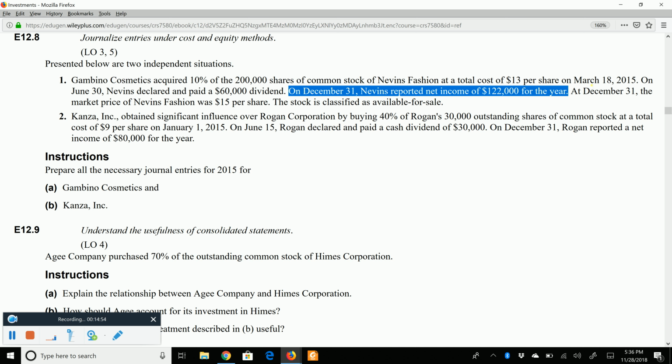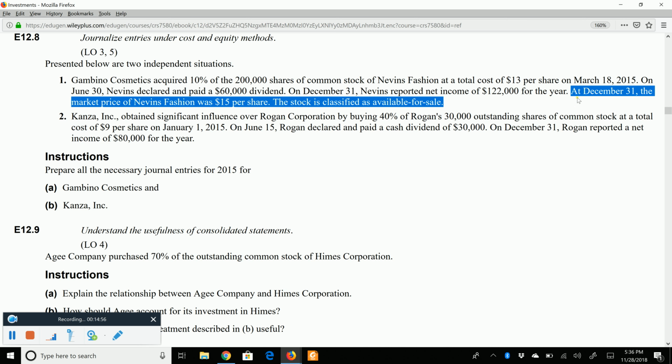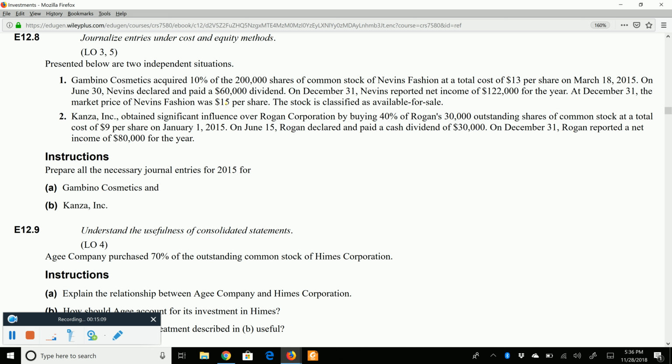But at the end of the year, what else does it say? At December 31st, the market price is $15 per share. And so what we're going to need to do is take a look at the difference between the current market price and the original cost.